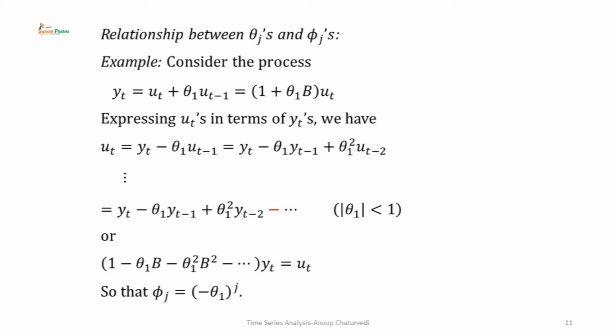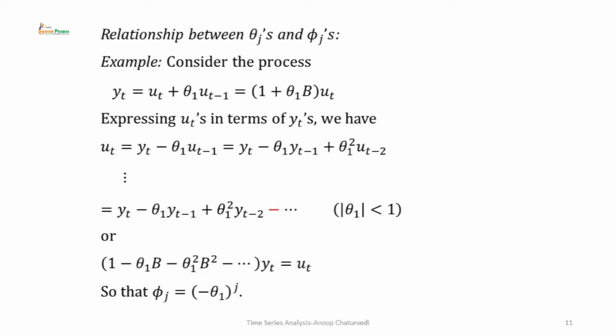Then you can express u t in terms of y t. So, from this equation u t is equal to y t minus theta 1 u t minus 1. Then you can write u t minus 1 equal to y t minus 1 minus theta 1 u t minus 2.